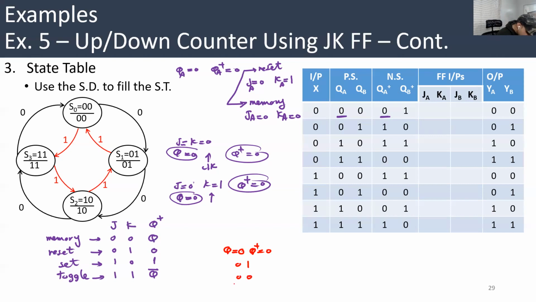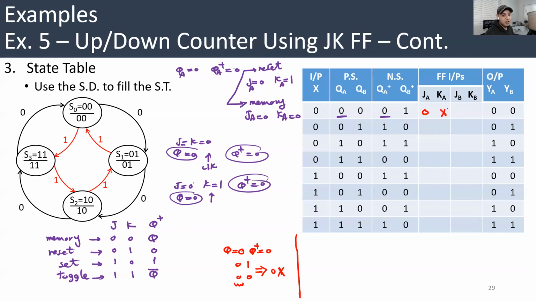So look here, J in both cases is 0, right? But K can be 1 or 0, right? It's a don't care. So that will be interpreted as 0x. Whenever you see Q and Q plus both zeros, then you're going to put for JK 0x.